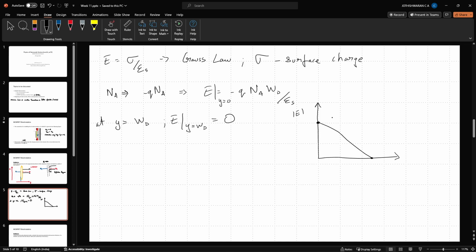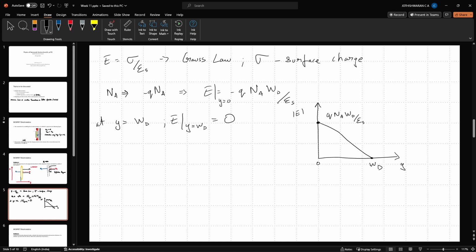So this is Q Na Wd by epsilon S, and this is 0, and this is the y-axis. Here it is 0. I should have put the 0 there because it's a different axis. And this is Wd. So this is the case.